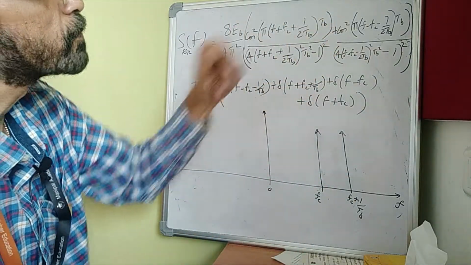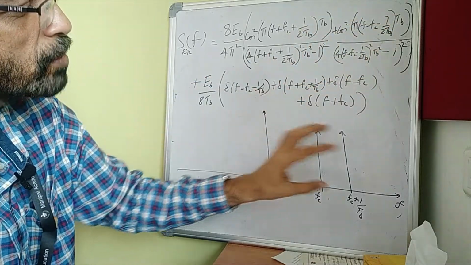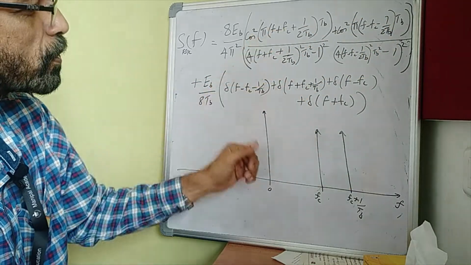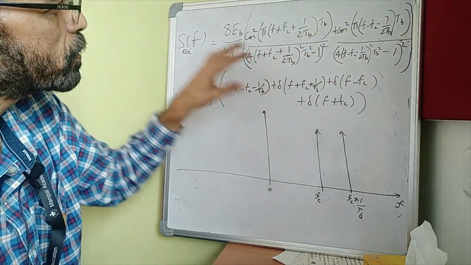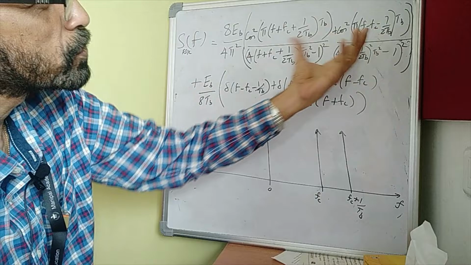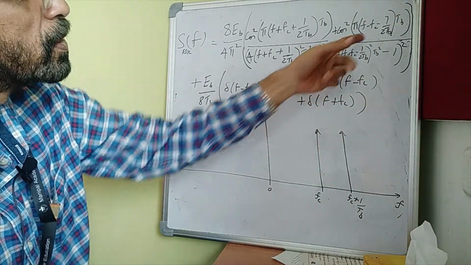And now we move on to this. We see that this is going to be there on the positive f-axis, and this is going to be there on the negative f-axis. Now I will again concentrate only on this part. Forget about this, because this is the one which is going to give us the bandwidth. It's the f width that we are concerned with.